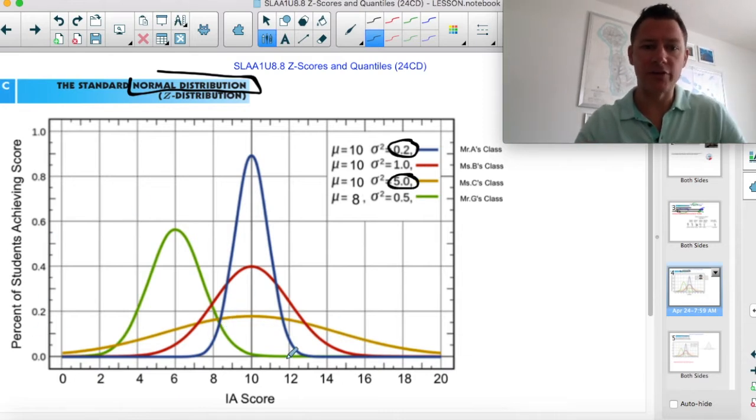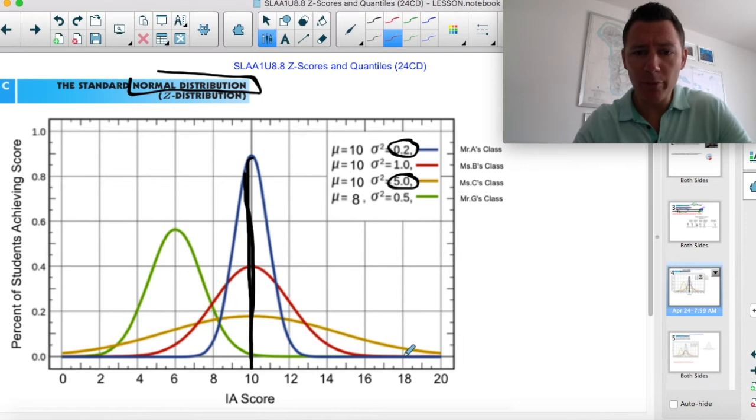This is like the percent of the students getting a 10 or a 12 or whatever. So if you were in the blue class, you have a much higher probability of hitting that 10, whereas in the orange class, you have a higher probability of hitting an 18 than you do in the blue class. You have almost no chance in the blue class.